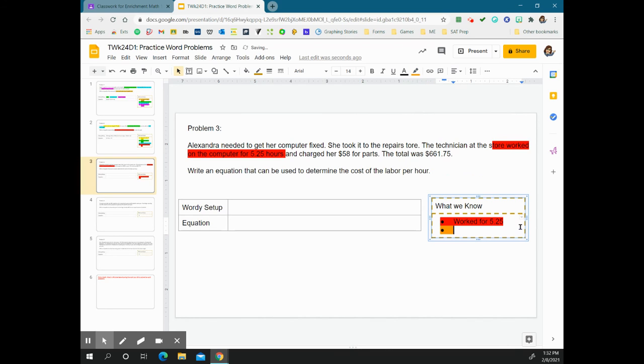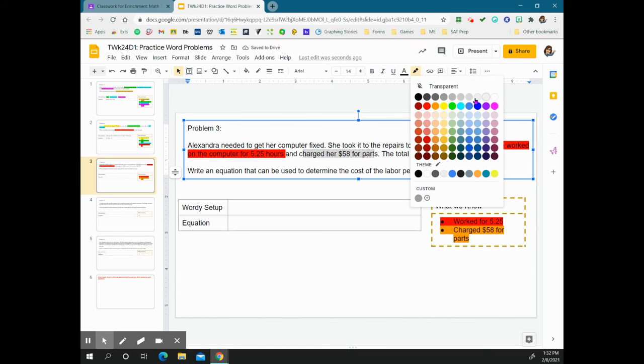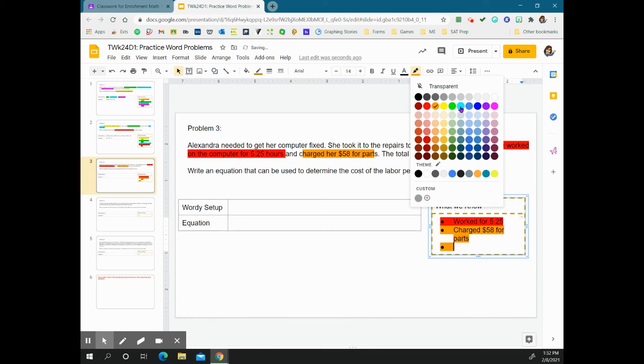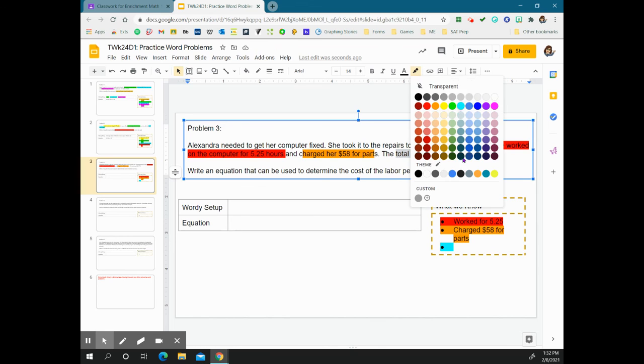We also know that he charged $58 for parts, right? Charged $58 for parts. And the final thing that we know from this word problem is the total was $661.75.